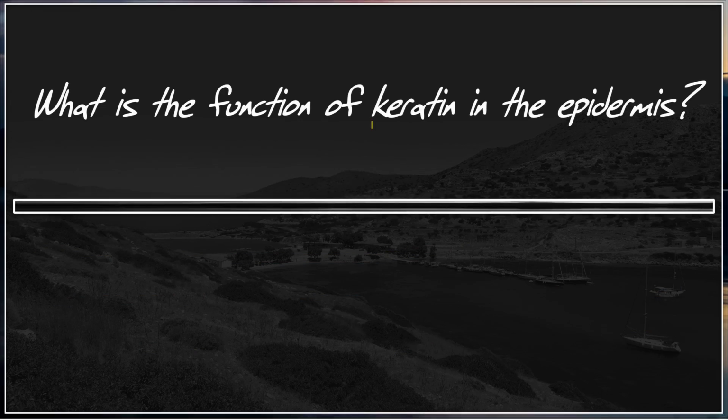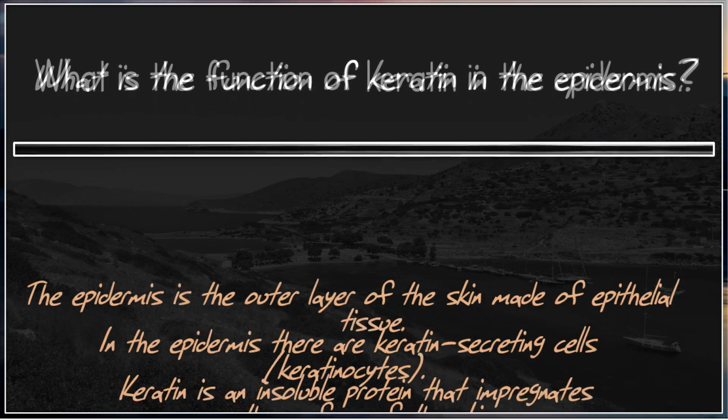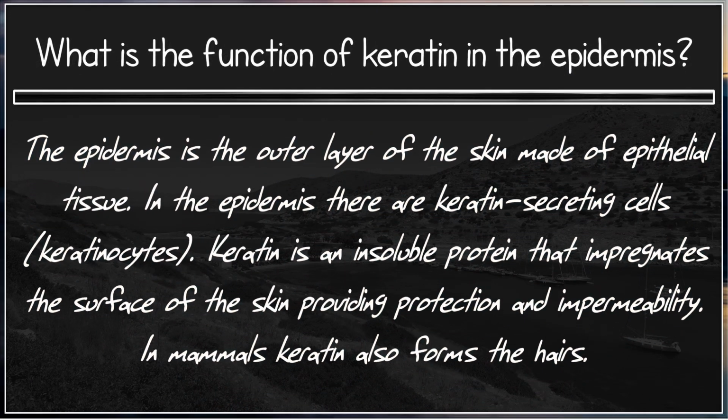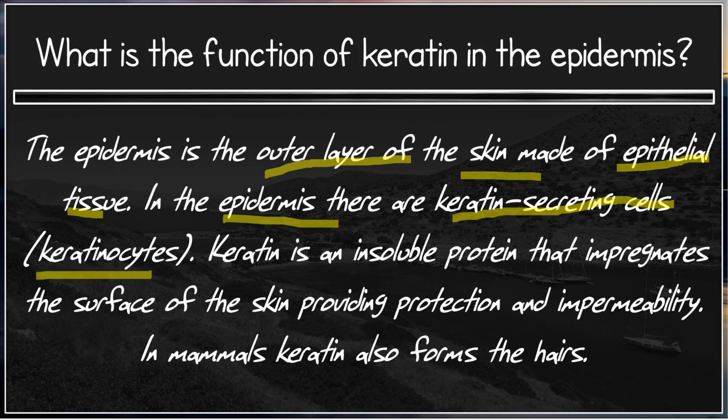What is the function of keratin in the epidermis? The epidermis is the outer layer of the skin made of epithelial tissue. In the epidermis, there are keratin-secreting cells, keratinocytes.